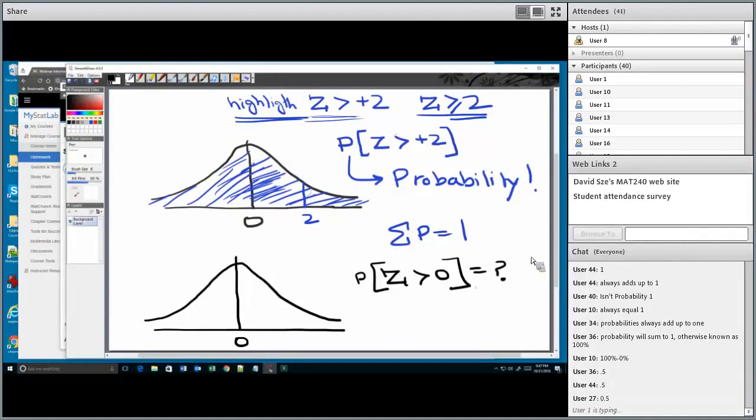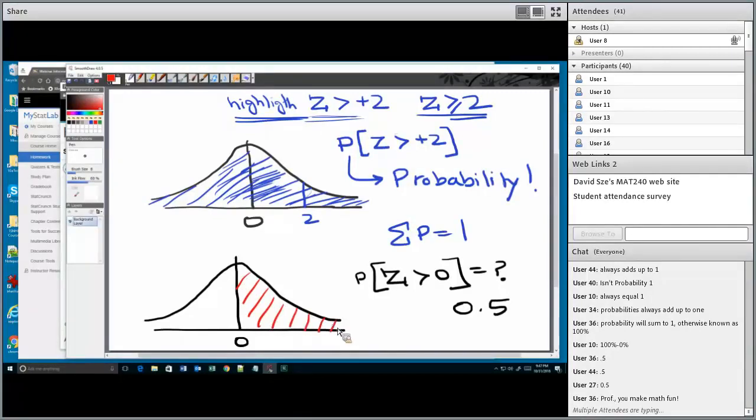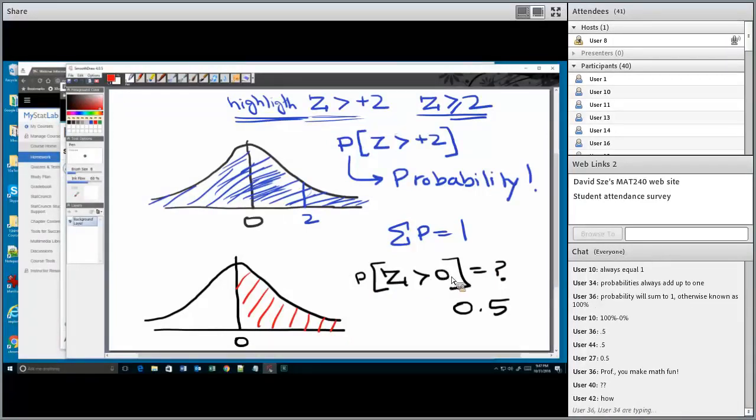Yes, it's 0.5. Very good. I didn't even have to explain that. So the probability that z is greater than 0 is 0.5. How? Well, we just said that the probability under the entire curve is 1, right?